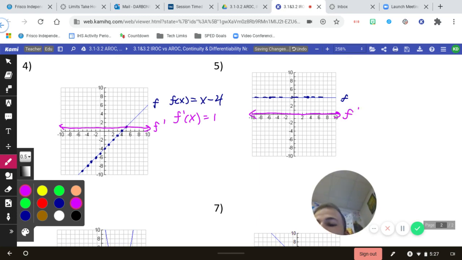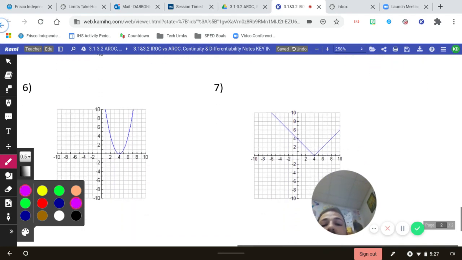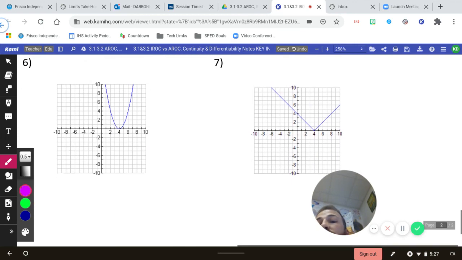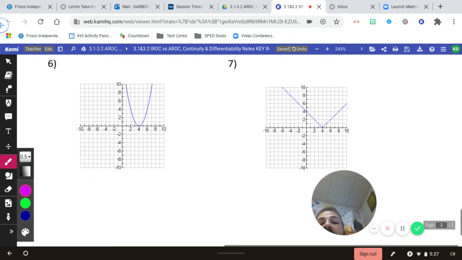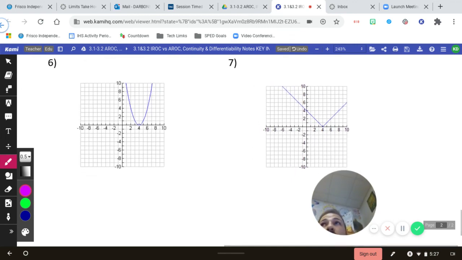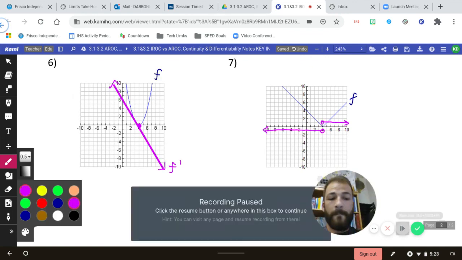To put it in perspective, f of x would equal 4, which means f prime of x would equal 0, to match up those graphs to equations. I'm going to let y'all try and do 6 and 7. So pause the video, try and do 6 and 7, and then start the video again and I'll explain them.